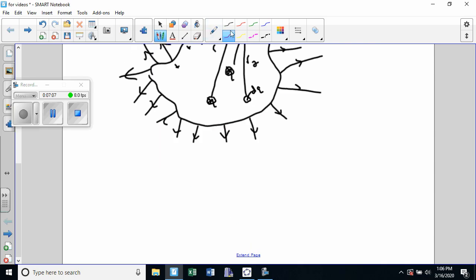So what I would have to do is set up an integral or an infinite sum that says, in order to get the total electric field at point P, I would have to add up the contribution to the electric field of all the little tiny point charges. Okay? And in order to gather the contribution of every one of these little tiny dQs, I would just add up their point charge contribution.